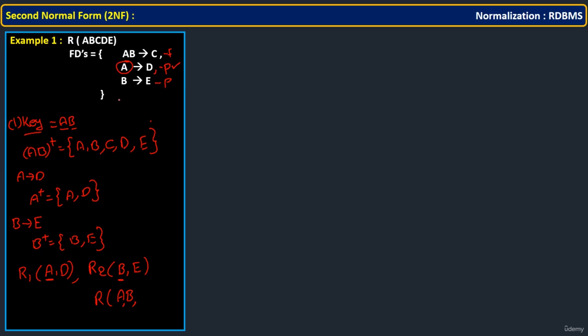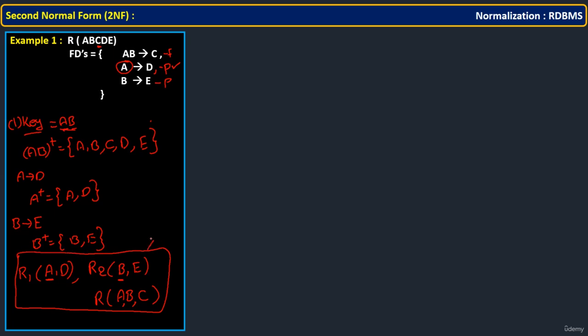You can see attribute C is not covered in either of these two, so we place it here. So simply, in the original table we place the original primary key, and along with that the attributes which are not covered in any of the relations after decomposition. So these are the three tables after dividing the original table.